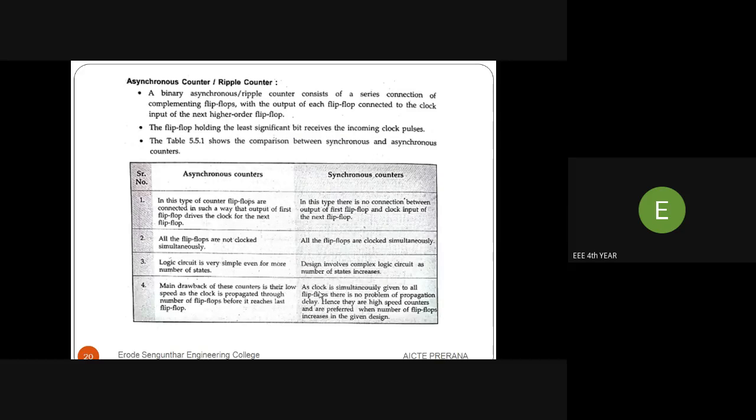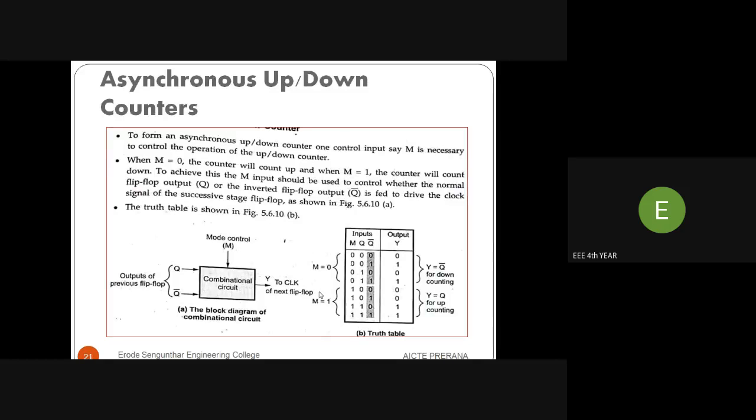What is the difference between synchronous and asynchronous counters? That is, the difference between an asynchronous or ripple counter and a synchronous or parallel counter. In an asynchronous counter, flip-flops are connected in such a way that the output of the first flip-flop drives the clock of the next flip-flop.